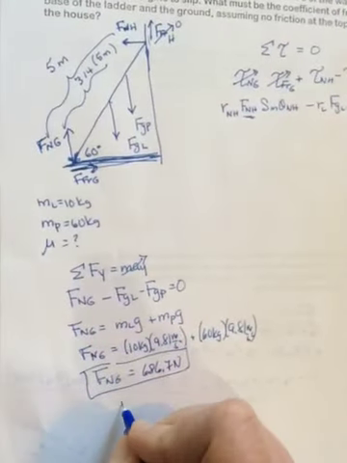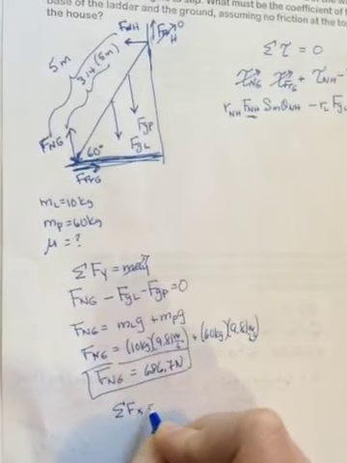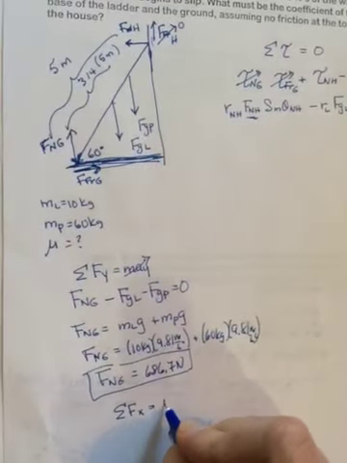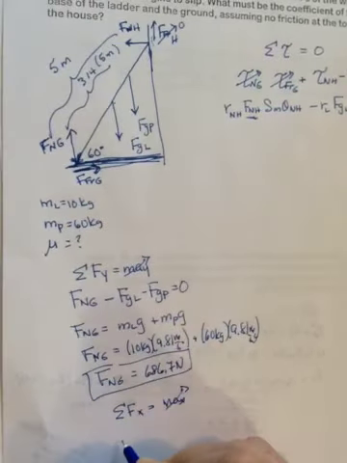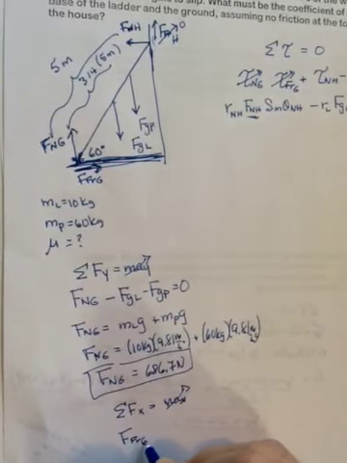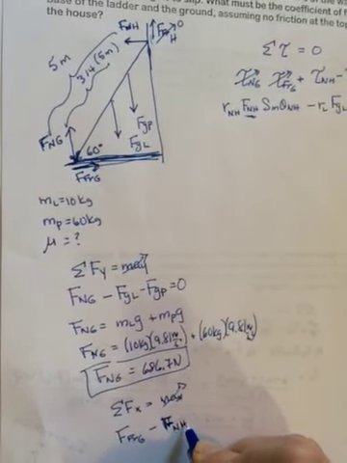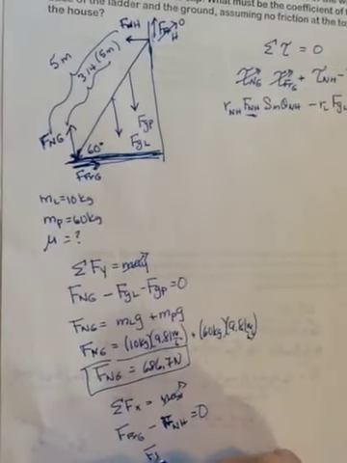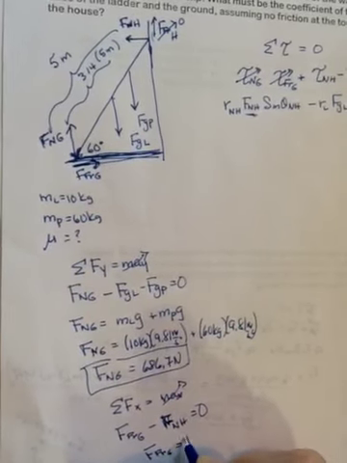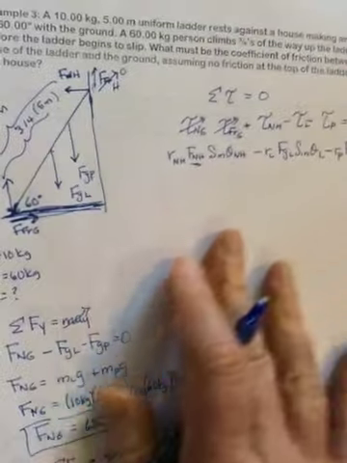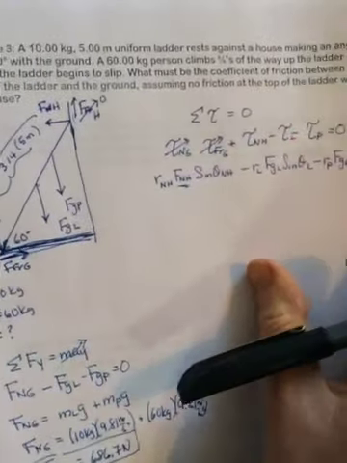If we go to the sum of the forces in the x, then in the x, there's friction on the ground, so it's going to be 0. There's friction on the ground minus the normal of the house. So what we find here is that friction on the ground equals the normal of the house, which takes me back then to here, because here we can find normal of the house.